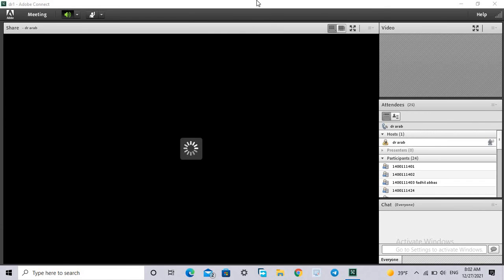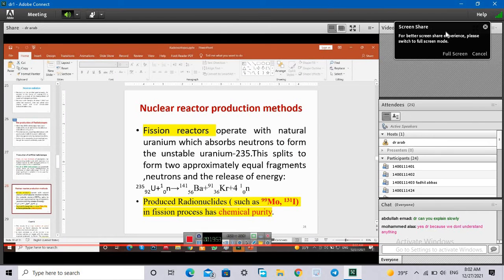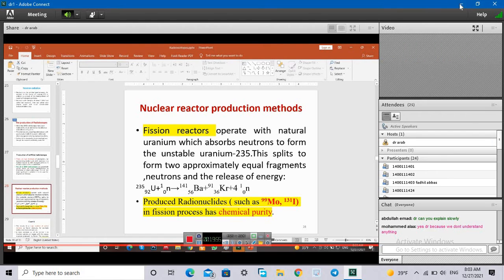I said artificial radionuclides can be produced through a reactor and through a cyclotron, and in a reactor we have different reactions that help us to produce radionuclides.